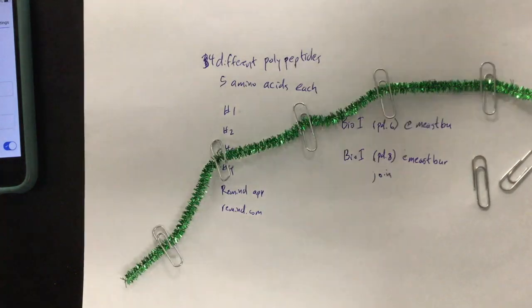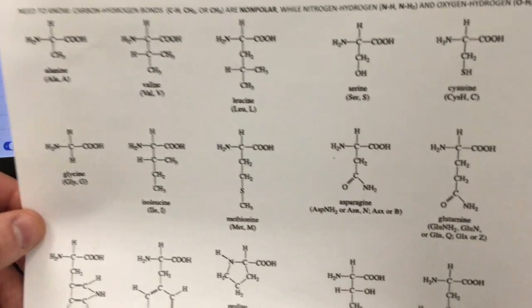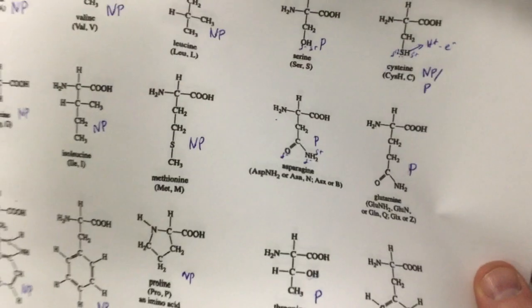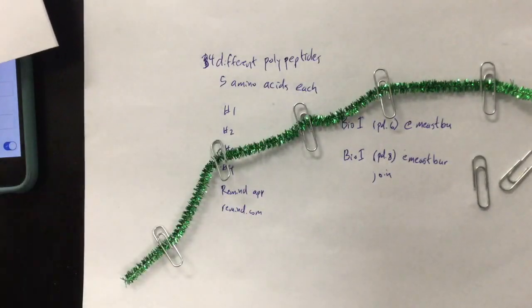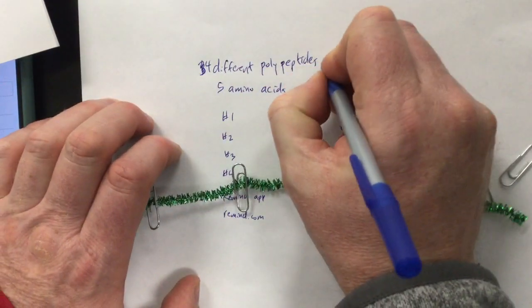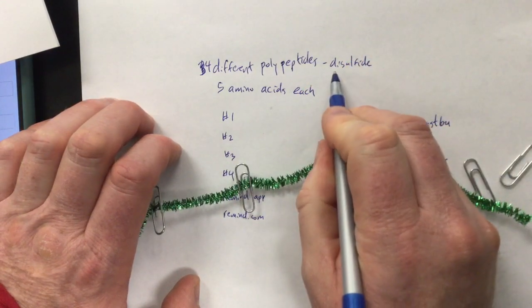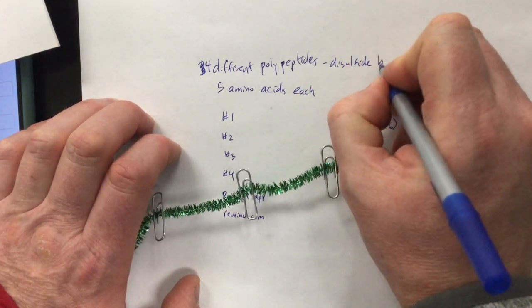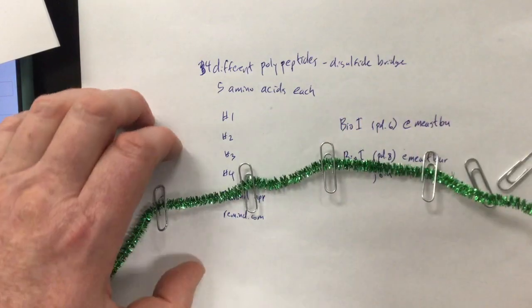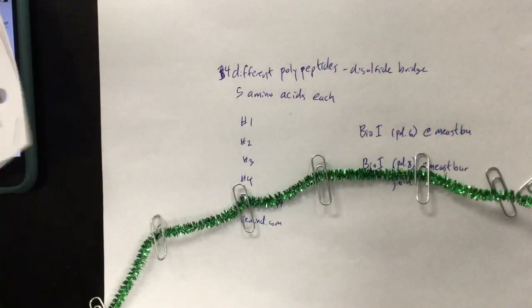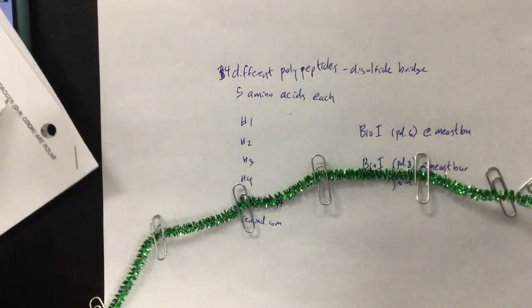So, to begin, here is a possible list of the amino acids. I labeled some of them already. Now, one of these polypeptides must have a disulfide, sulfur bridge, which means I cut out, let's say I take 2 of my cysteine.